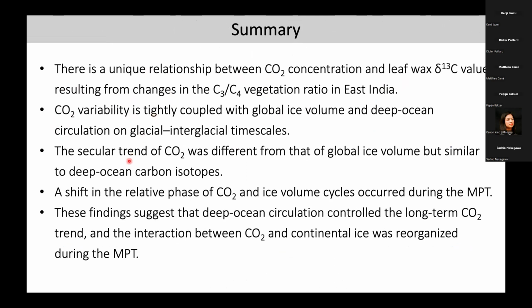And the secular trend of CO2 was different from that of global ice volume, but similar to deep ocean carbon isotopes. So a shift in the relative phase of CO2 and ice volume cycles occurred during the MPT. These findings suggest that deep ocean circulation controlled the long-term CO2 trend, and the interaction between CO2 and the continental ice was reorganized during the MPT.